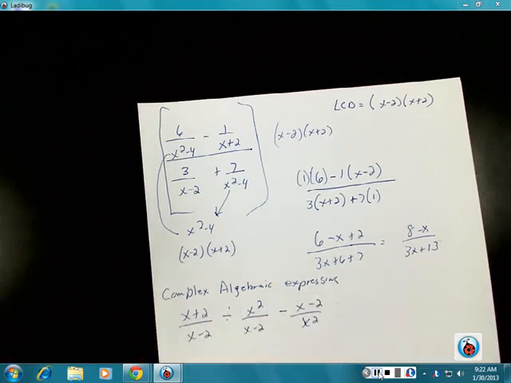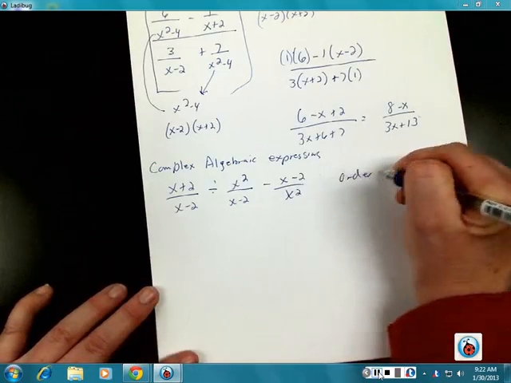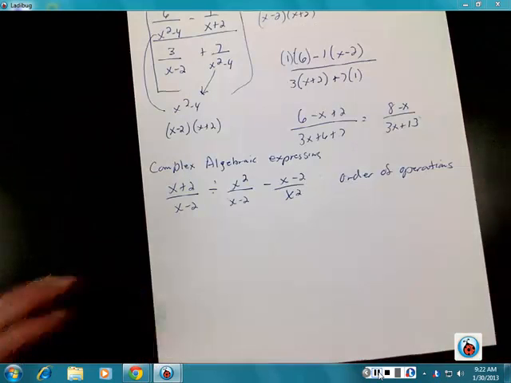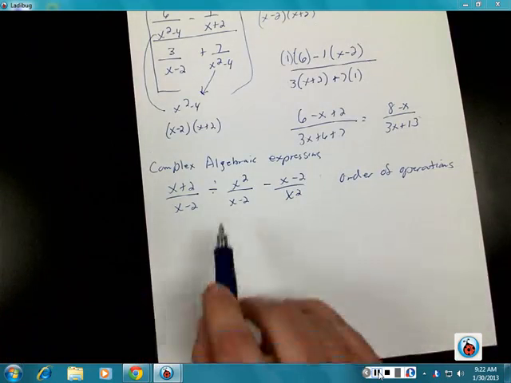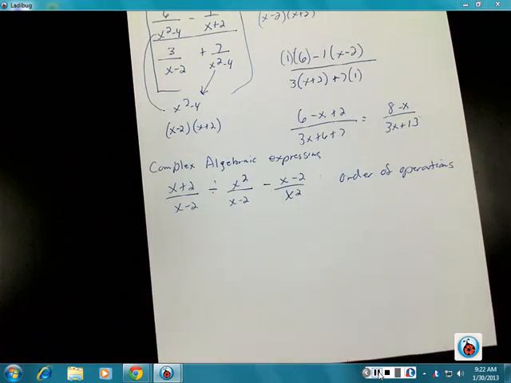It's order of operations because what do you notice about it? Within the order of operations, what do we notice? Well, I've got a division and I've got a subtraction. So what does order of operations tell me I need to do first?